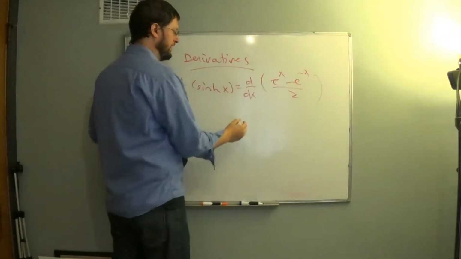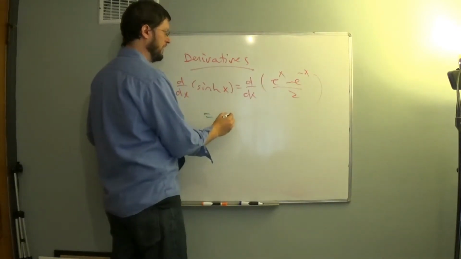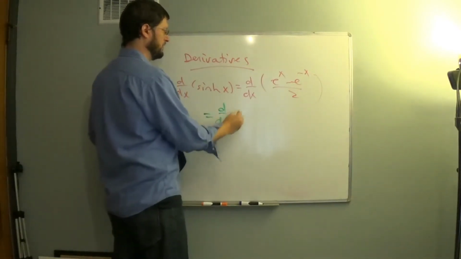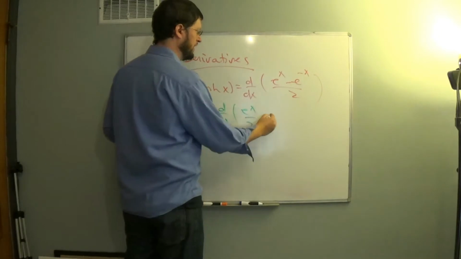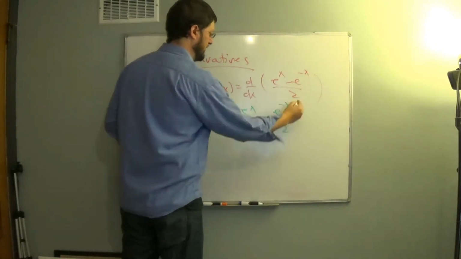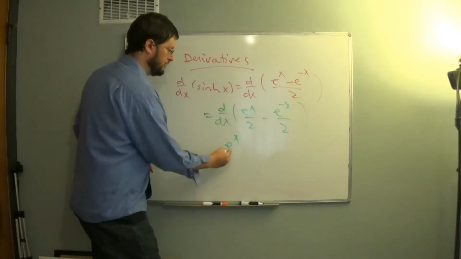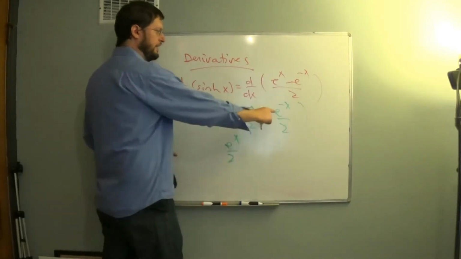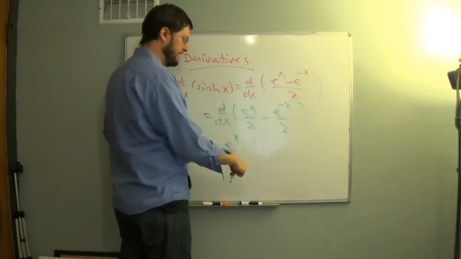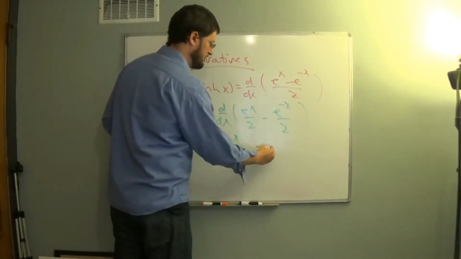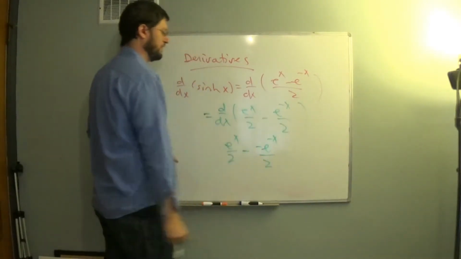Taking the derivative of this, well, that's just the derivative of e to the x over 2 minus e to the negative x over 2, separately. The derivative of e to the x is e to the x over 2. The derivative of e to the negative x is negative e to the negative x over 2.